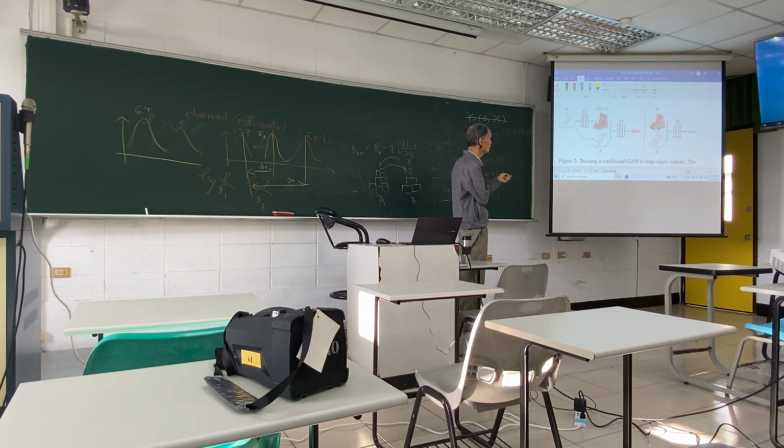Actually it's fake, but it should look like the sketch here. And also the generated image and the condition, which is the sketch, we input those into the discriminator. And then the output should be fake because it's generated from the generator.